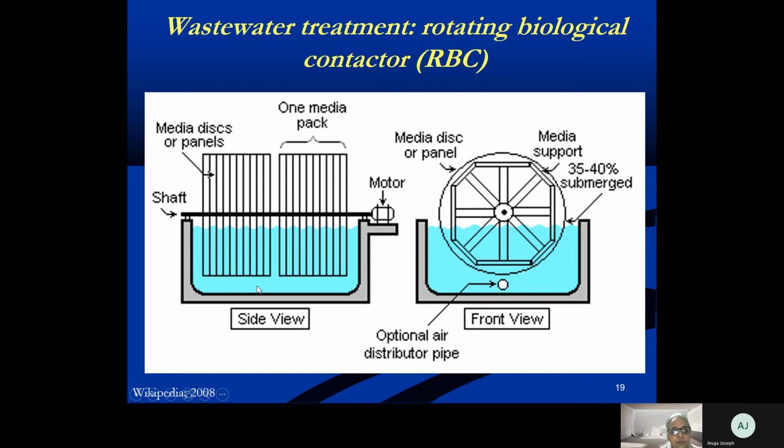The advantage of this process is that it's a CSTR, so it has the ability to withstand shock loading, but at the same time, because of this shaft, I think if they were to run it as smaller tanks and more frequent cleaning of the discs, it might be a better idea. I don't really know, but I frankly like the idea of plastic biotowers.